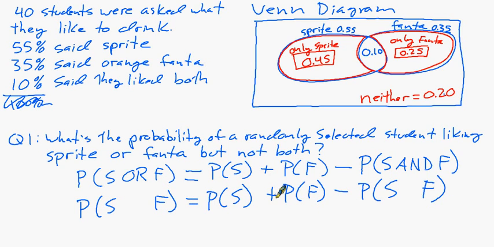We can use set notation to write this out as well. Set notation, hopefully you did when you did Venn diagrams, whenever you did that. This Sprite or Fanta, as we said, is the union of the two. So the symbol for that is the union. All right, it's the Sprite plus the Fanta minus the intersection, and the symbol for intersection is that. I'm hoping that that's recollection. There's some recollection of that from your past.